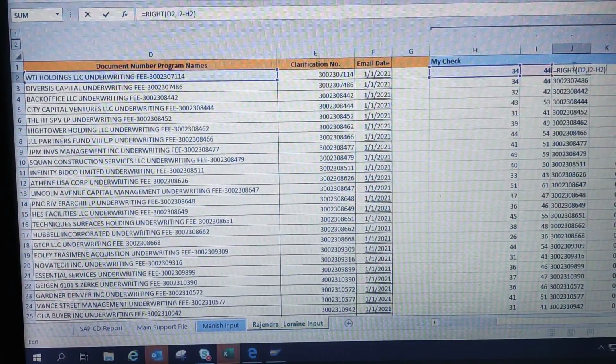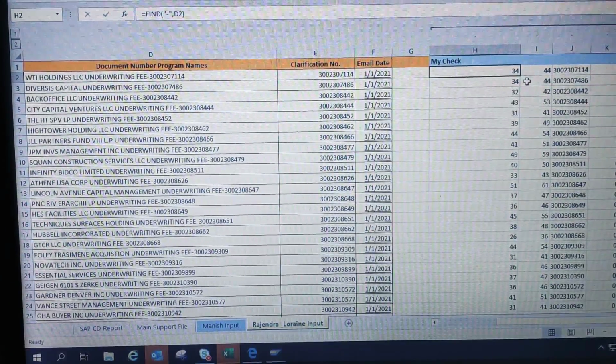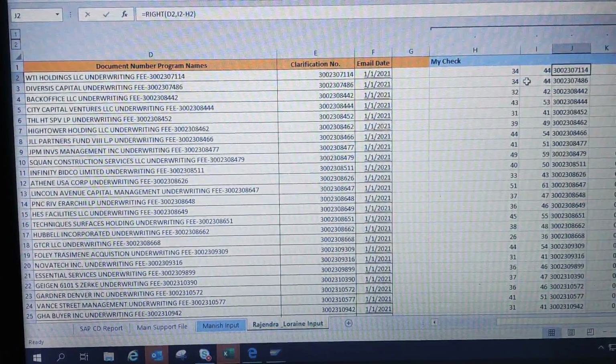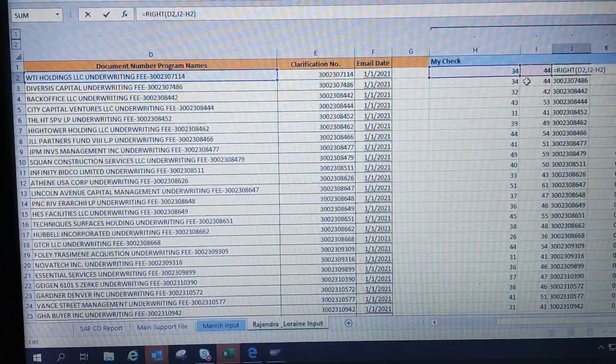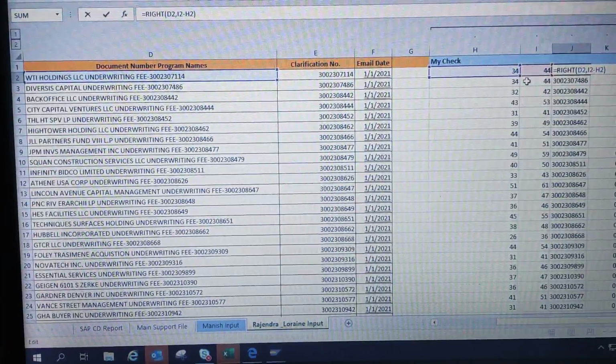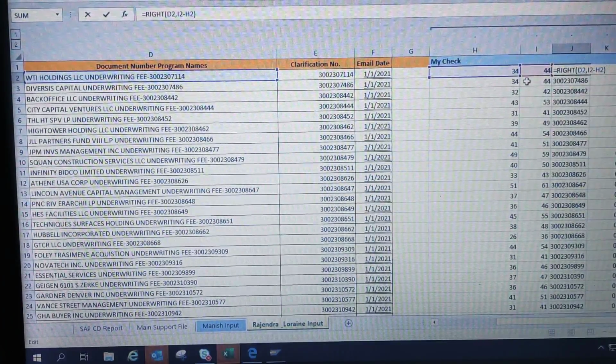It will give us those last numbers. Hence we conclude that using these three formulas, FIND, LEN and RIGHT or LEFT, as the case may be, we can take out some specific numbers or texts out of some details or data.